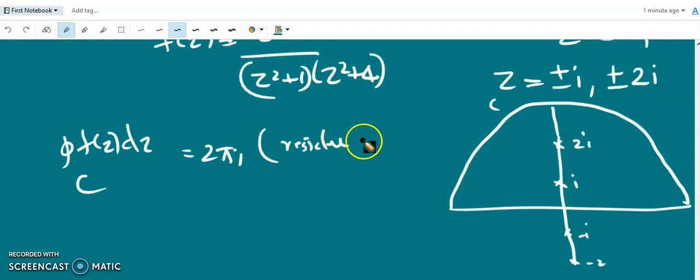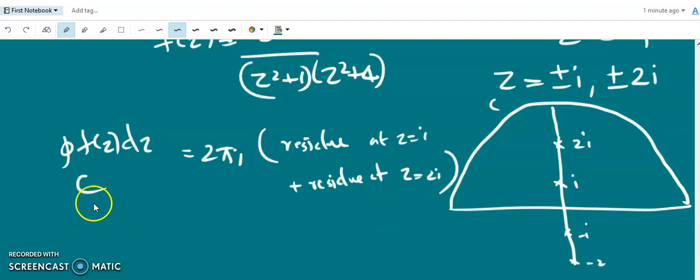Here C is the contour consisting of the semicircle of radius r, the curved part, together with the part of the real axis from minus r to plus r. This is an assignment for you: find the residues at z equal to i and z equal to 2i.